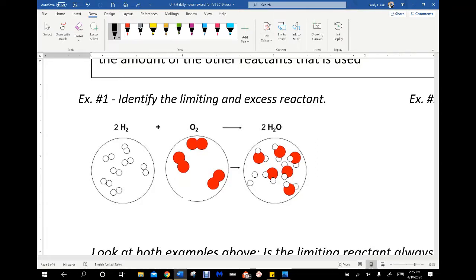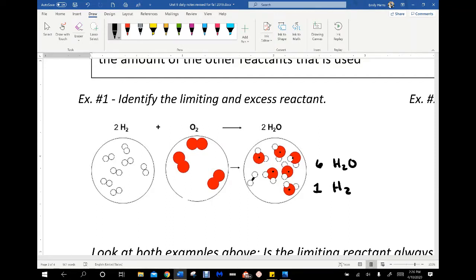Now, if we count our products, we see that we have 1, 2, 3, 4, 5, 6 water molecules. And if we put these little hydrogen atoms together, we have 1 hydrogen molecule left over. If you'll notice, we don't have any oxygens left over because they've all been used in making the products.